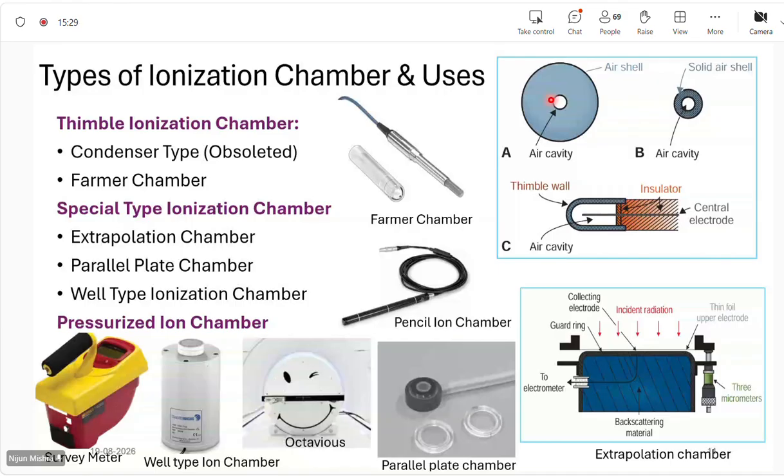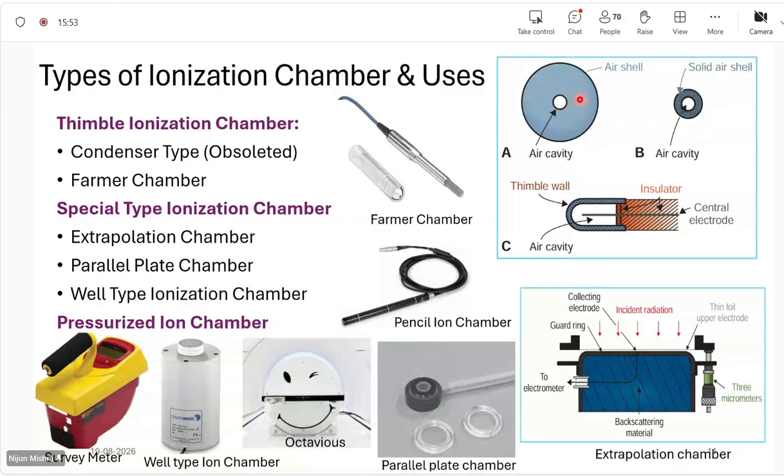In the case of electrons in air, the range is very large. But when we move to solid, when we create a solid air equivalent cell, it is easier to achieve charged particle equilibrium with a very small distance.